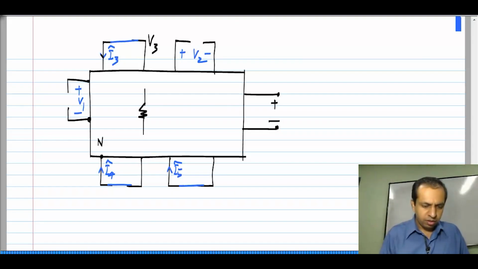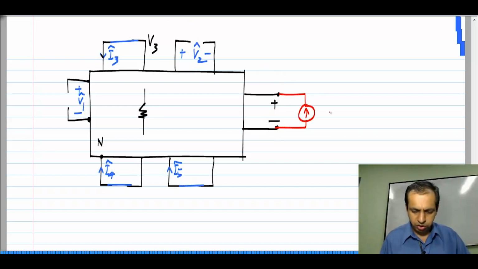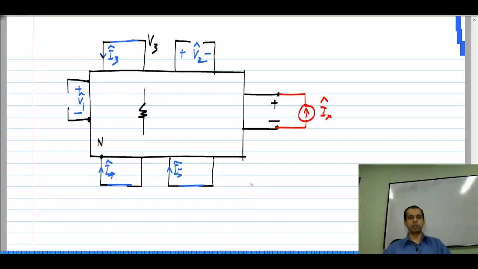Okay. So, now because in the original circuit this is terminated in an open circuit, I will apply a current source Ix hat and do the analysis. Now, the advantage of this is that we have a single source in the analysis, okay, and this is many times easier to carry out.